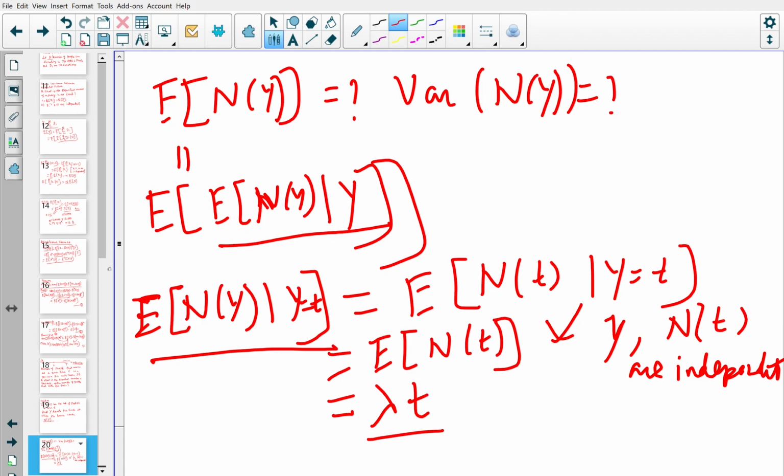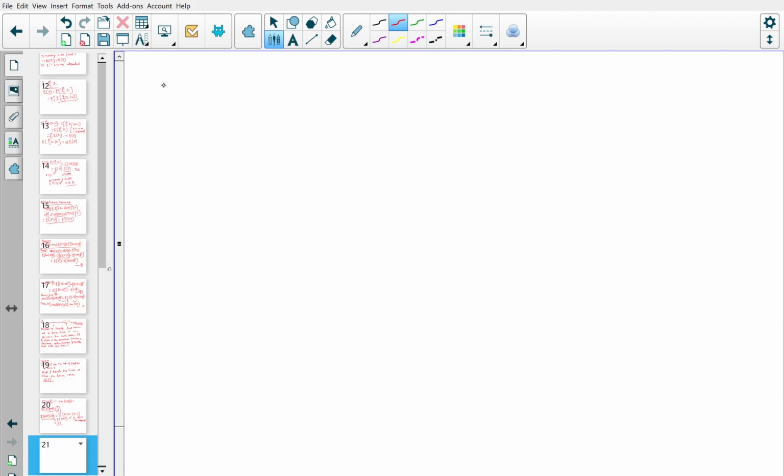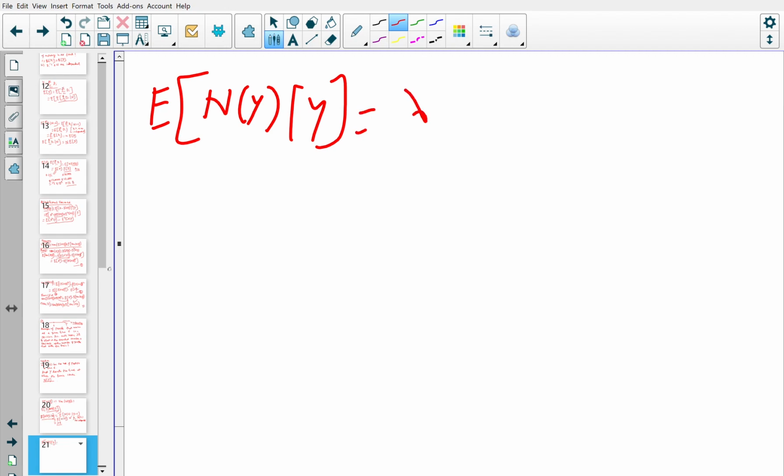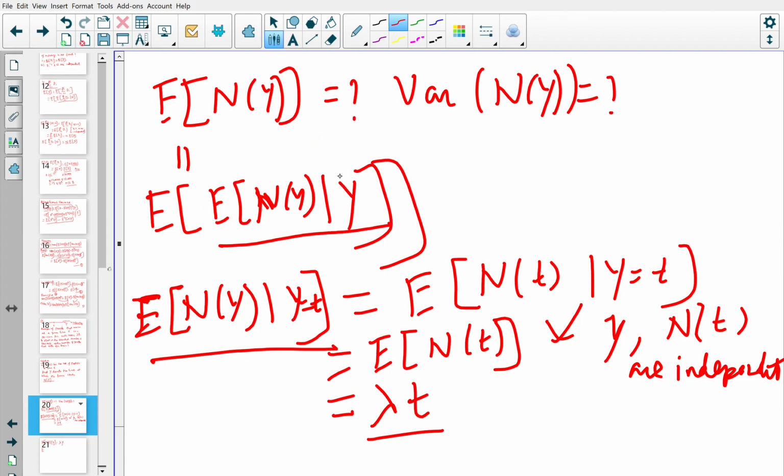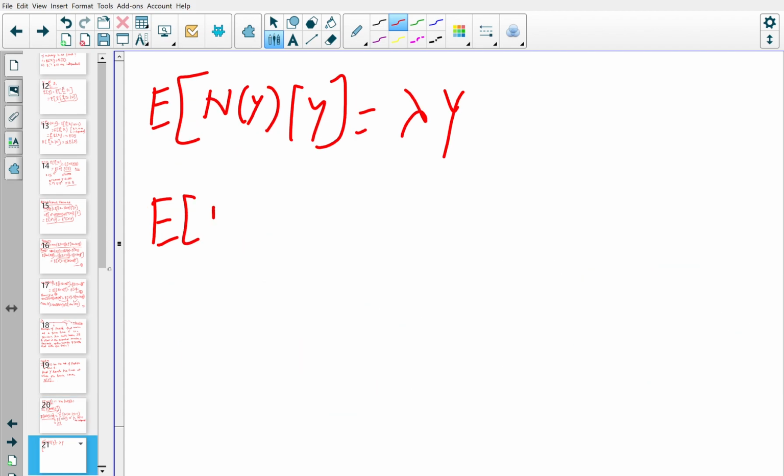So the expected value of N(Y) given Y is nothing but lambda Y, because at Y equal to t it takes value lambda t. Clear? So to find this, you need to find the expectation of this. So expectation of N(Y) is nothing but the expectation of lambda Y.